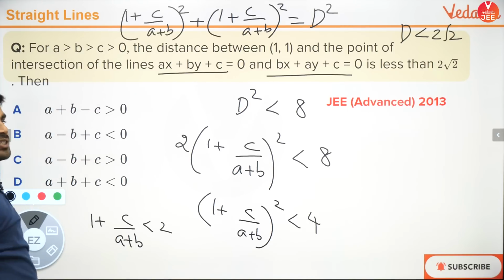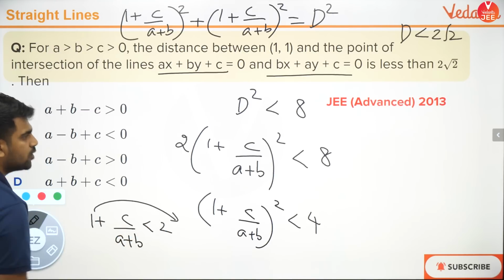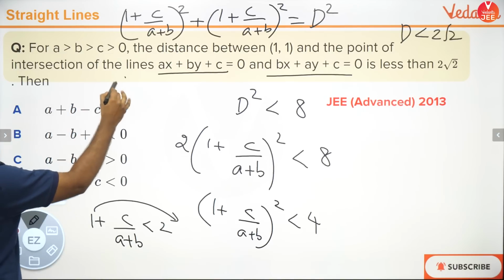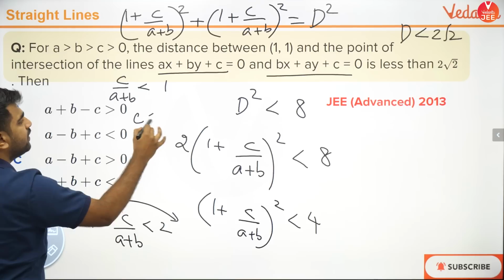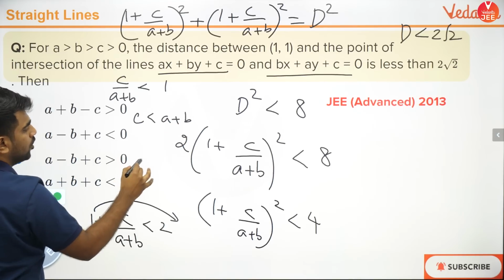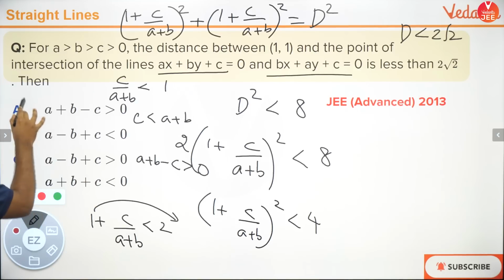Because a, b, c are positive. Done. Okay. So can I say that this one, if it goes to the other side, I will have c by a plus b is less than 1. So c will be less than a plus b. So a plus b minus c is greater than 0. So a plus b minus c is greater than 0 is the right option.